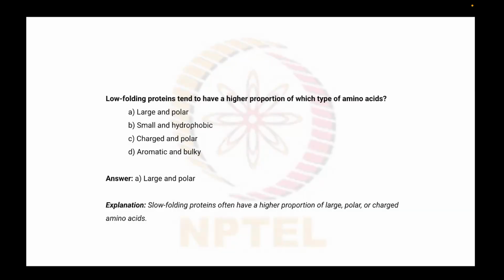Slow-folding proteins often have a higher proportion of large polar amino acids.